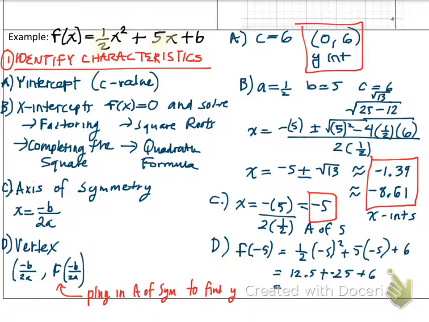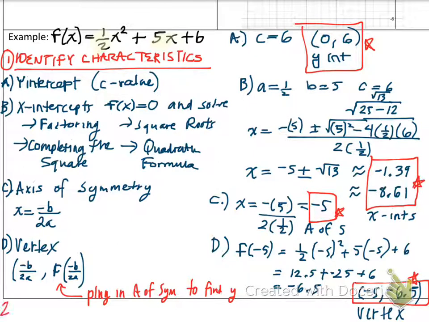If you simplify that or do that math in your calculator, you get negative 6.5. So that gives you the y value of your vertex. That means your vertex as an ordered pair is negative 5, comma, negative 6.5. And these are our big key characteristics that we're now going to plot on our graph.